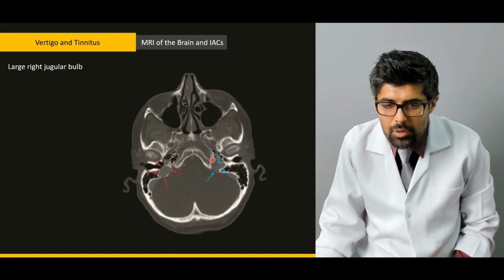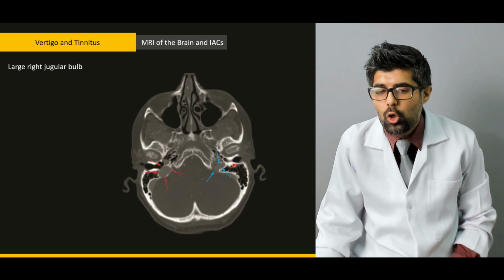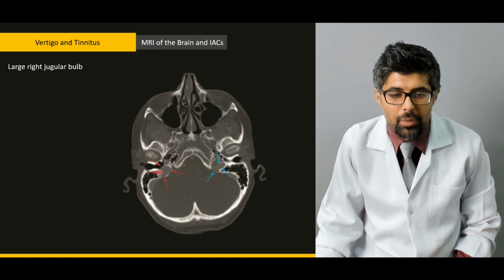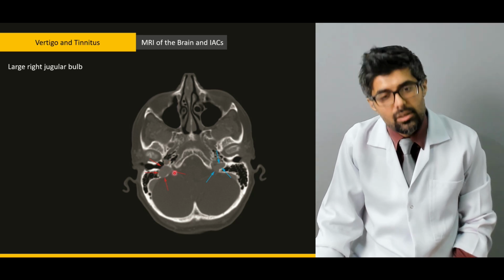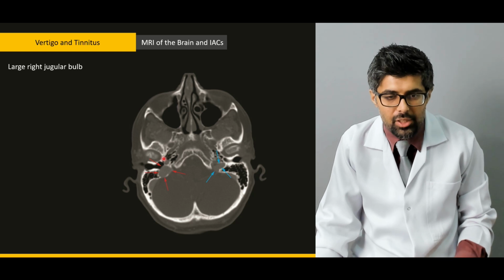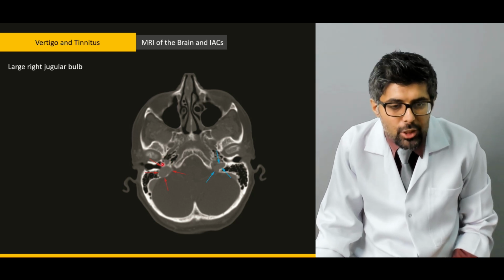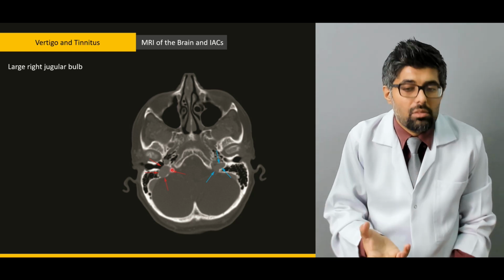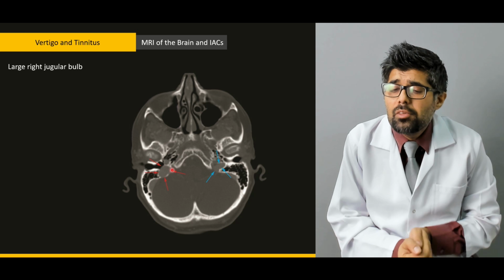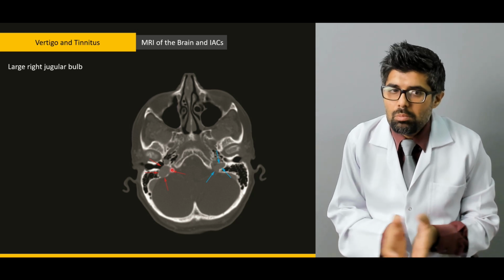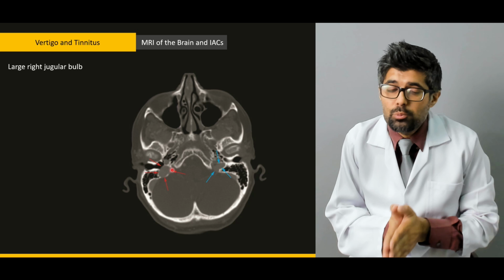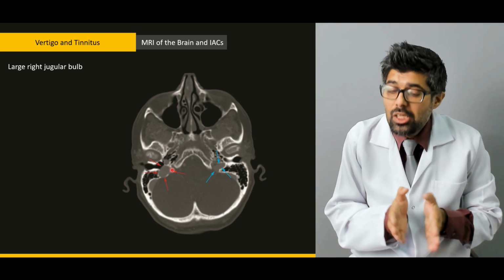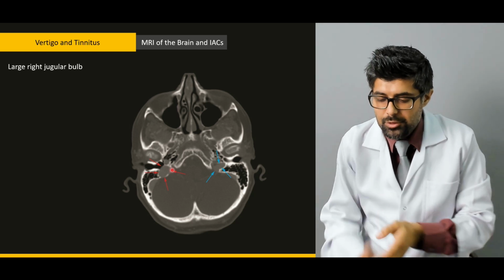Here, the jugular bulb on the left side is normal, but on the right side, it's expanded outwards and superiorly toward the cranium, and this puts pressure on the internal auditory canal and cranial nerve number 8, which may cause the patient to experience both vertigo and tinnitus because the nerve is compressed.